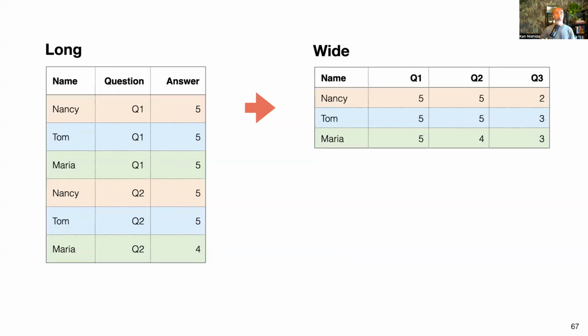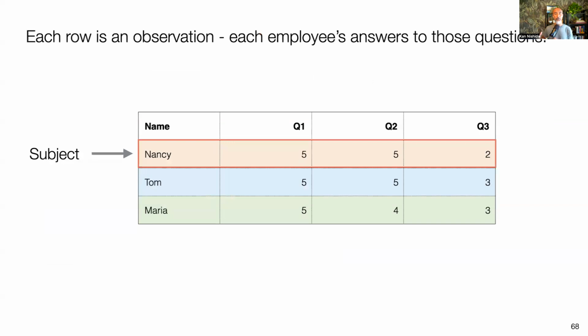Now when you have this wide data, if we ask one more question, Q3, we will have another column. And if more respondents' answers come in, maybe next week Peter's answer comes in, then we're going to have longer data, so it goes vertical.